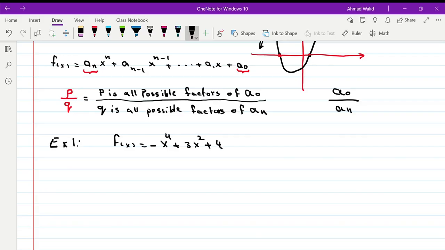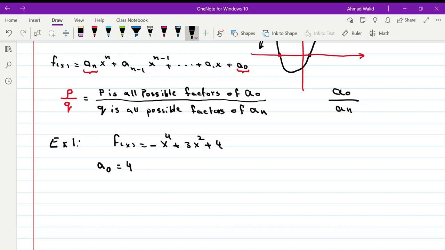They're asking you to list all possible zeros of this polynomial function. A few things, how to go step by step. First, what is your a sub 0, your constant term? How much is that? That's 4, right?